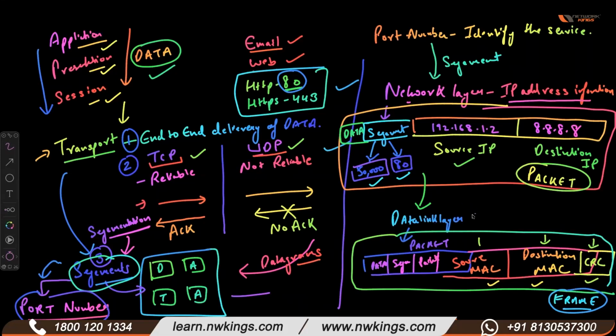Just to give you more information, the data link layer is divided into two layers. One is the MAC layer, which adds the MAC address information. The other is the logical link control, LLC, which handles communication with the upper layer protocol.